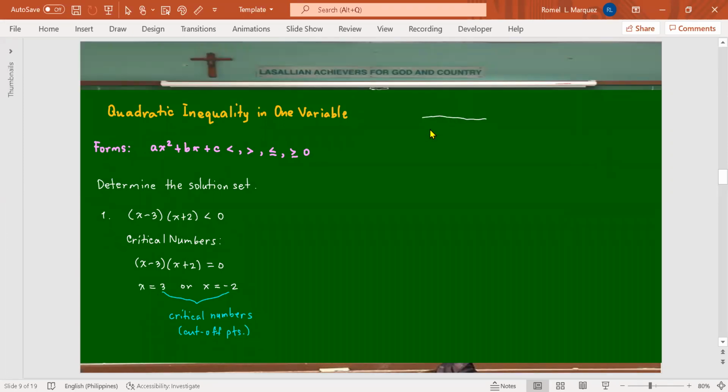Now, you're going to draw a number line and arrange those critical numbers on it. Do you know how to arrange numbers from lowest to highest? Negative 2 here, and to the right, positive 3.